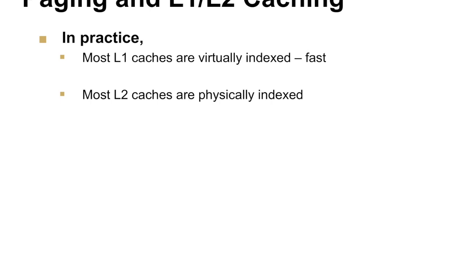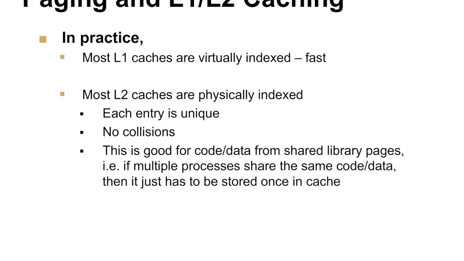So an L2 cache is bigger, holds more data. So now we are able to look up that physically indexed address. In the physically indexed cache, each address is very unique because each frame that we want is an individual. So we do not have collisions. So this is great when we are doing shared code and data.